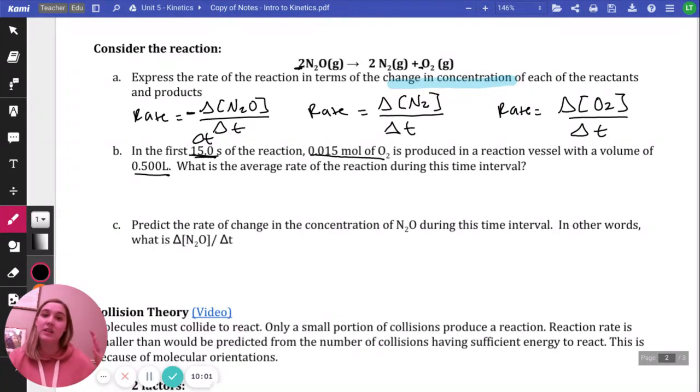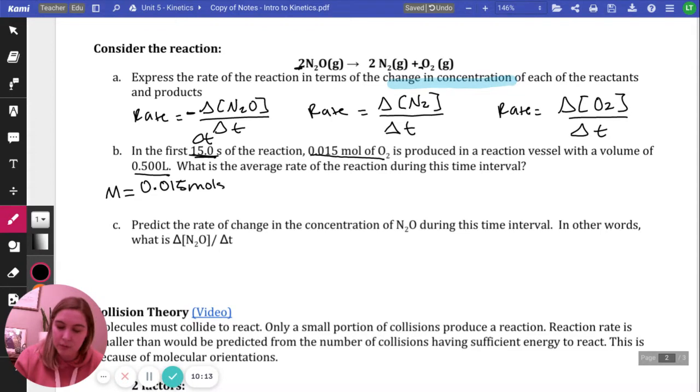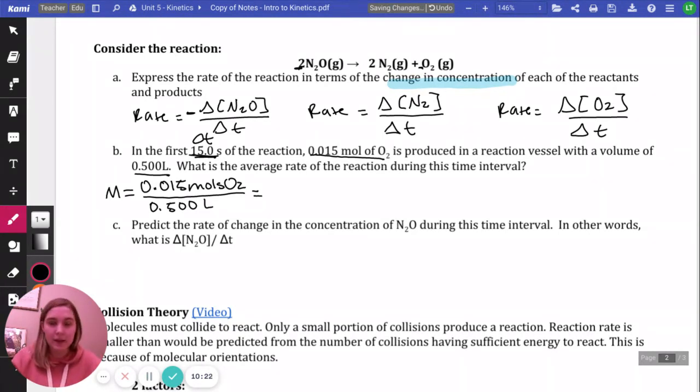It does give me everything I need to solve for concentration, though. My molarity is equal to moles divided by liters. So I have 0.15 moles of O2 over 0.500 liters.